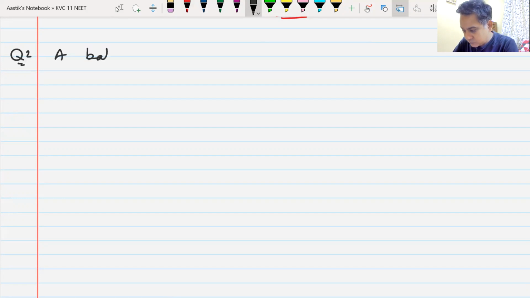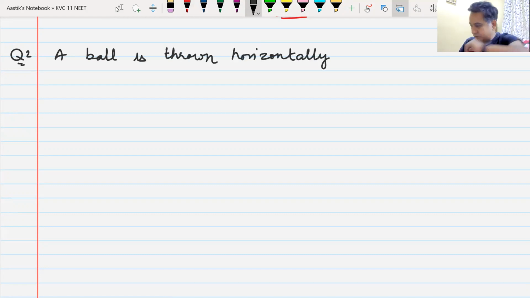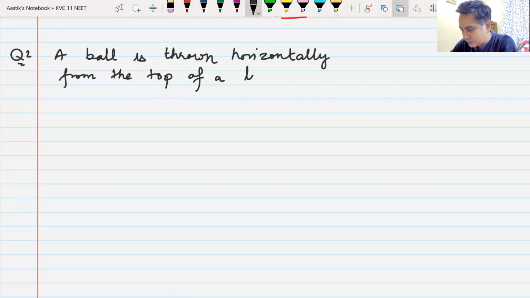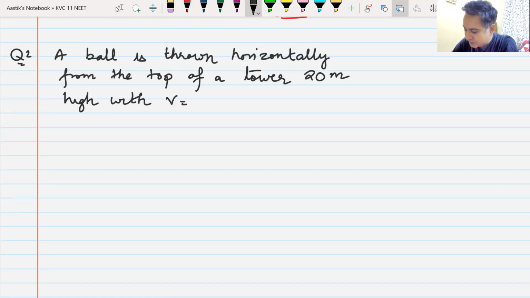A ball is thrown horizontally from the top of a tower 20 meters high with velocity 5 meter per second.